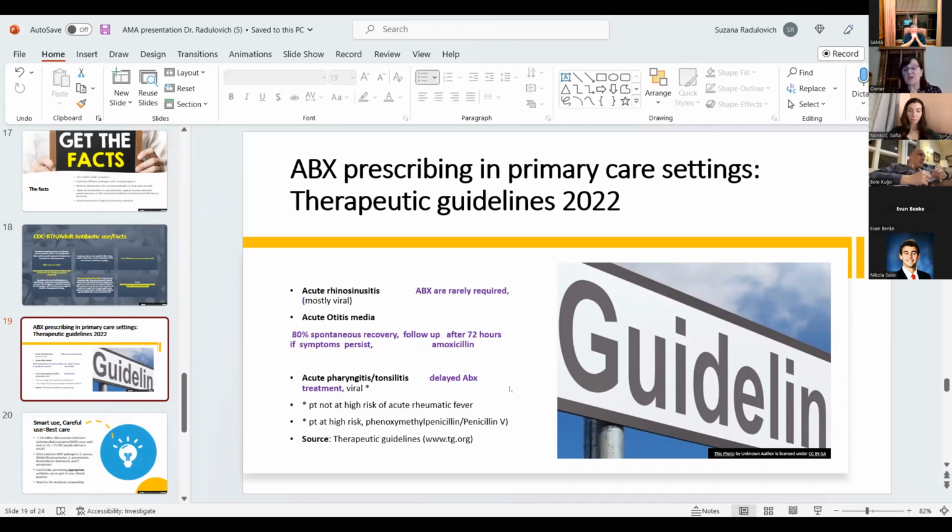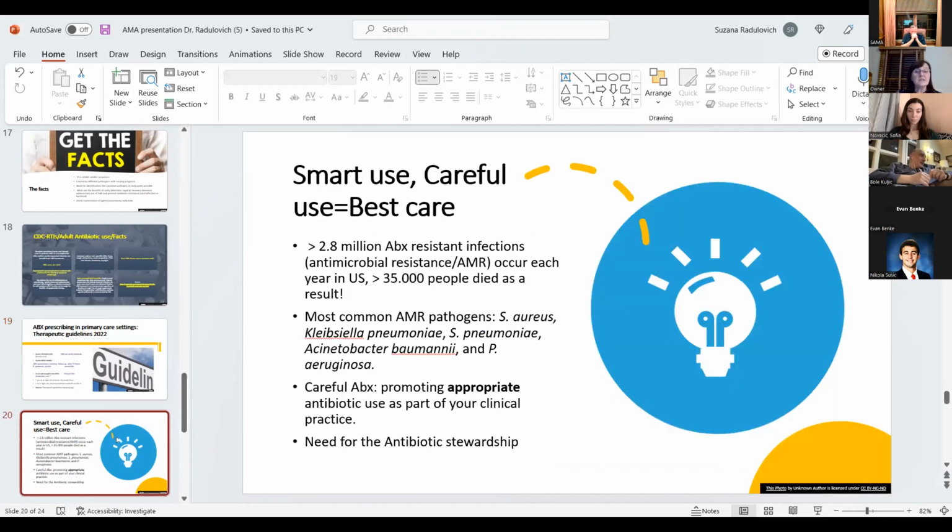For acute pharyngitis or tonsillitis, it depends on whether the patient is at high risk for development of acute rheumatic fever or low risk. If not at high risk, you would need to follow up with the patient and delay antibiotic treatment until you get proof of the etiology of the upper respiratory infection. So we all say smart use, careful use is best care.